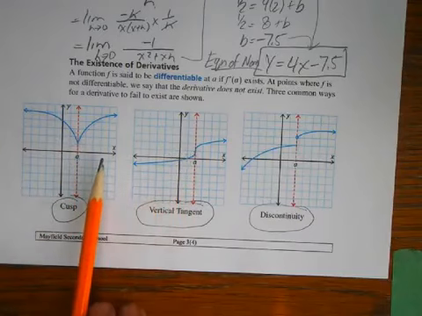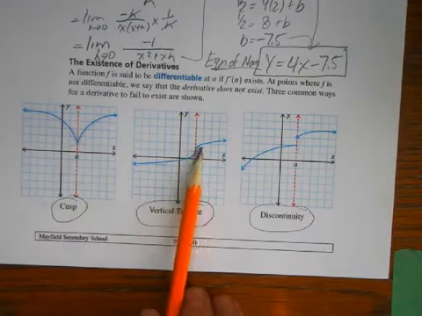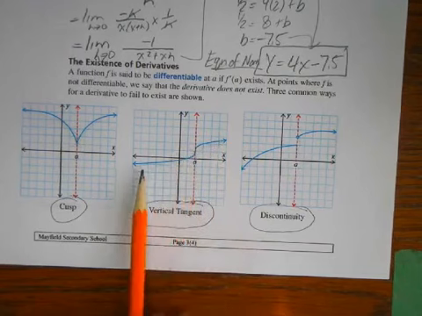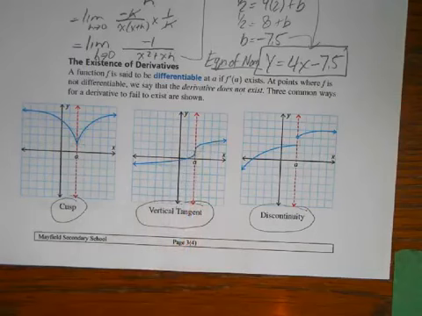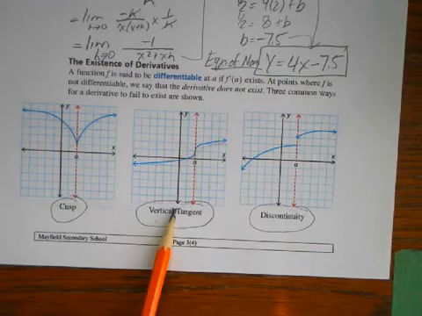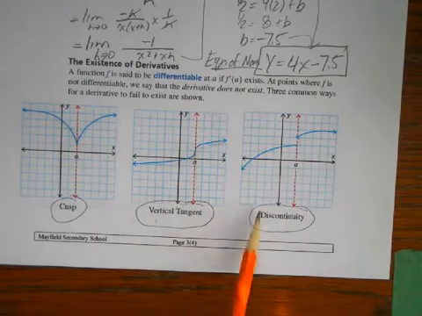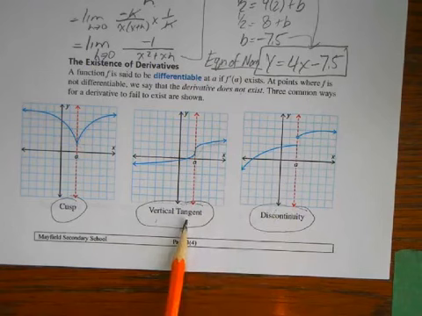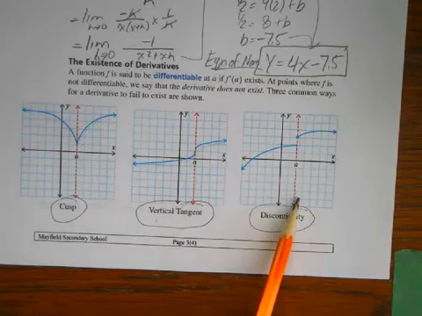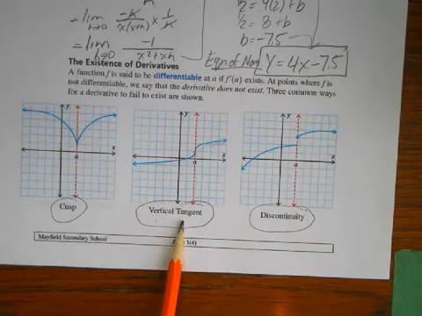Because you're not picking up your pencil, but because of the vertical tangent, the derivative doesn't exist. What that means is that just because it's continuous at a point doesn't mean the derivative exists. But if it's discontinuous at a point, you know the derivative doesn't exist. But you can't go the other way, because in a situation like this one, you'd also say the limit exists, it's going to that point there.